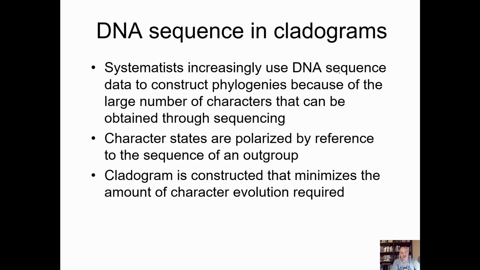So biologists are now using more and more DNA sequences to help derive cladograms, which are hypotheses about their phylogenies, right? And so here they're going to use segments of DNA that are important. And this DNA information is very common now with modern sequencing. They sequence DNA from species all the time, right?